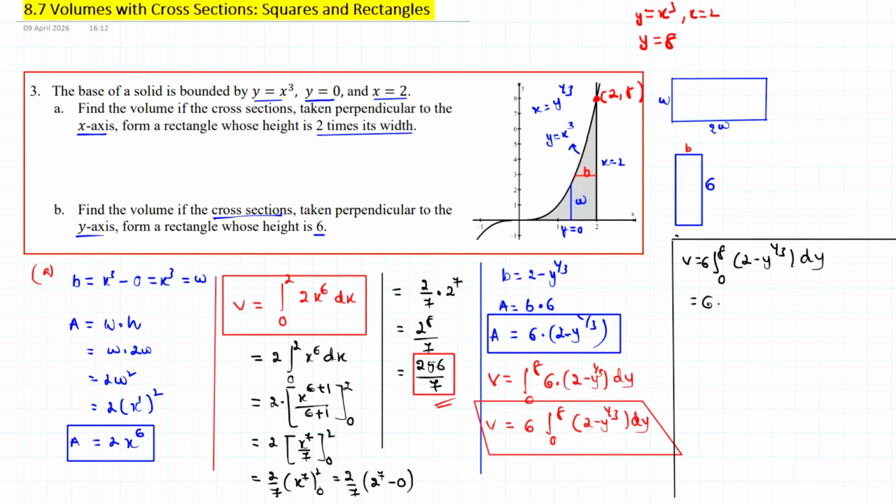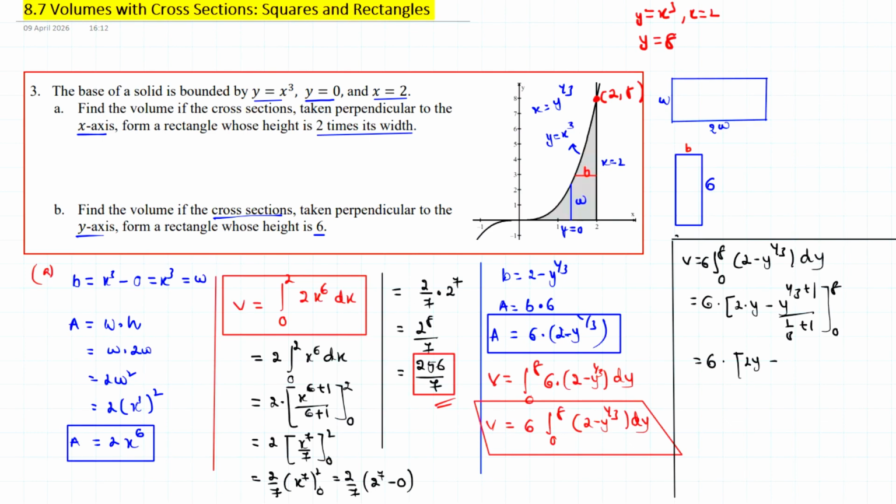That is 6 times the integration of 2, which is 2y, minus the integration of y to the power 1/3, which is y to the power 1/3 plus 1 over 1/3 plus 1, with limits 0 to 8.